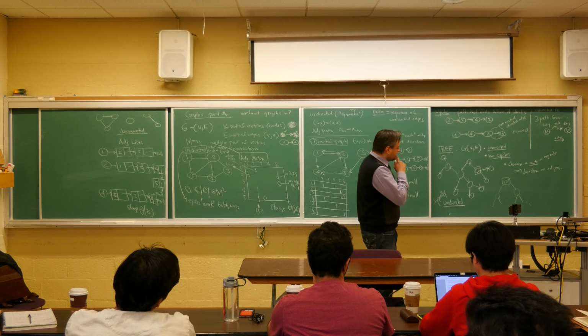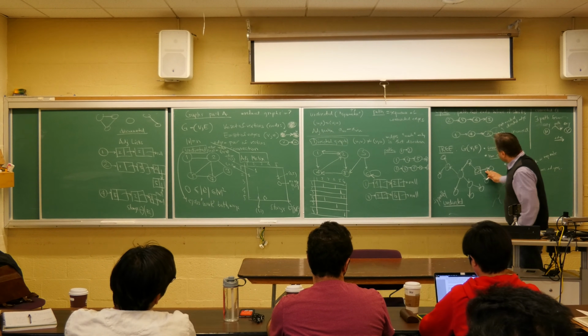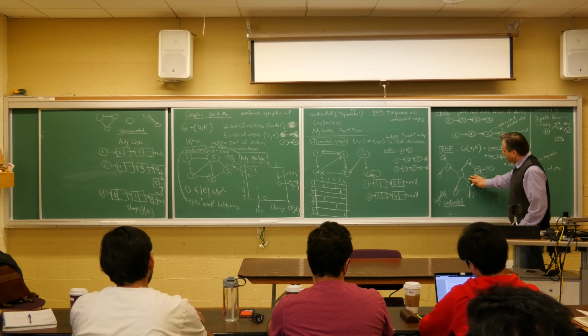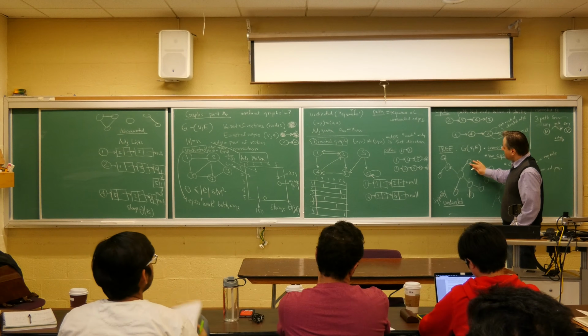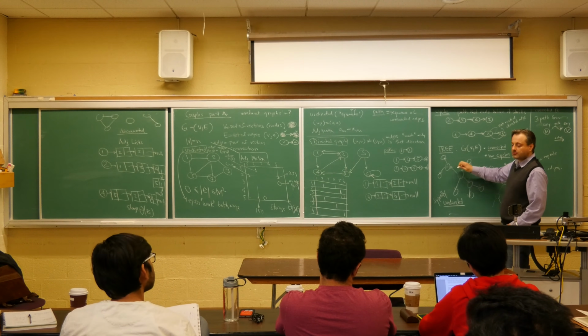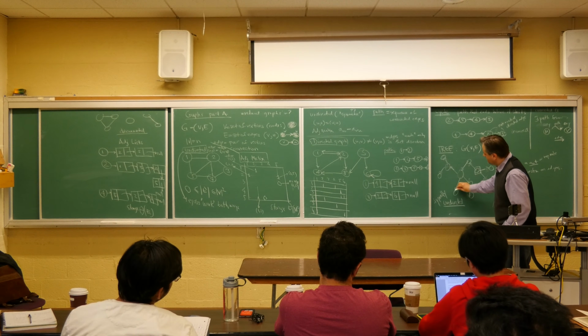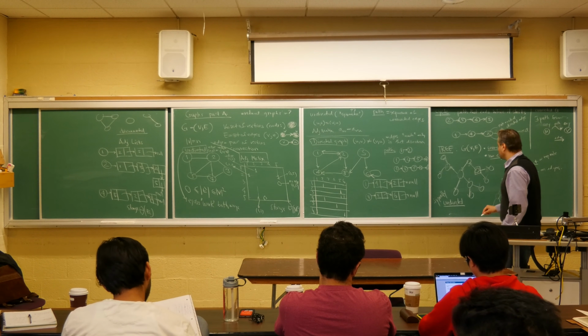So is it true that once I pick a root, say I don't have direction on the edges, every path from U to V must pass through the root? Is that true? No. But what is true?